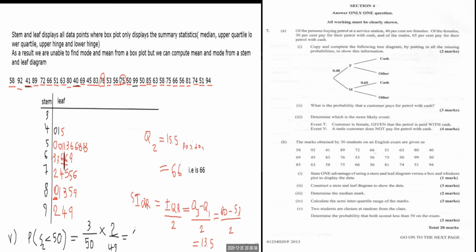So in reality, it's 6 over 50 times 49, which is 2,450. So that's the probability that both of them get less than 50. So it's very unlikely that 2 of them chosen get less than 50. All right, let's go now to question 8.